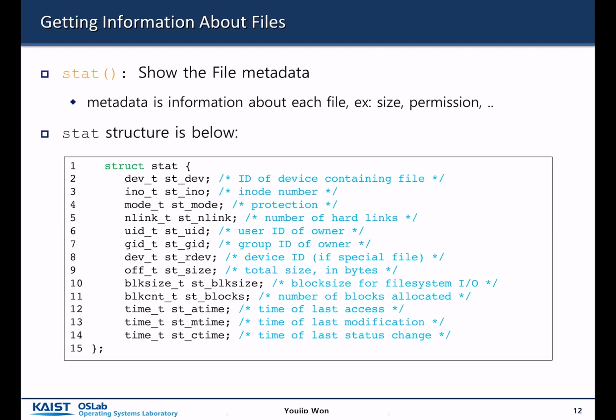There is a stat data structure, which contains detailed information about a file, like when it has been updated, when it has been modified, when it has been changed. This is time-related information, and there is also a lot of information about the permissions, the file size, and the associated inode number. So if you call the function stat, you can access all of that.